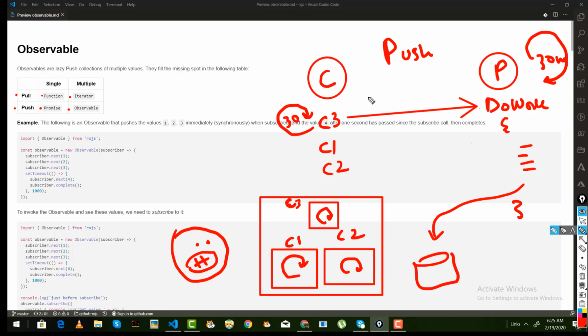Push-based means you pass us two functions, and like promises, you pass us resolve and reject. Once the third-party author is done with the processing, it will call resolve. If there is an error, they will call reject. And as soon as that happens, you will get the results over here.